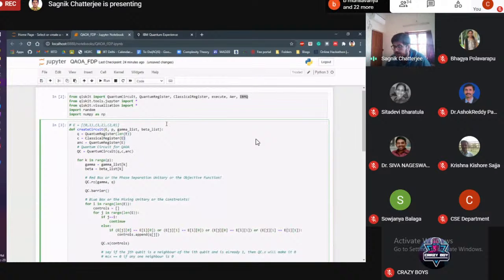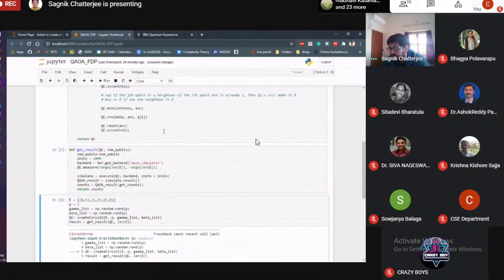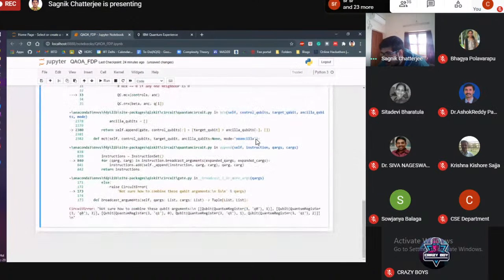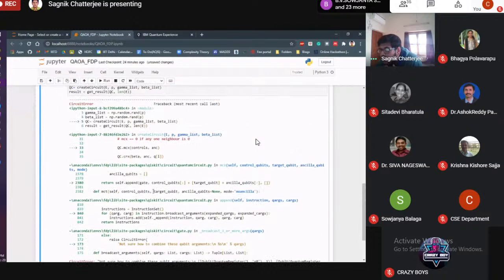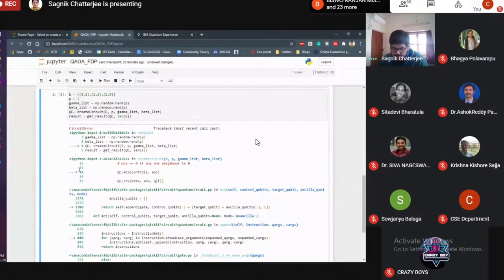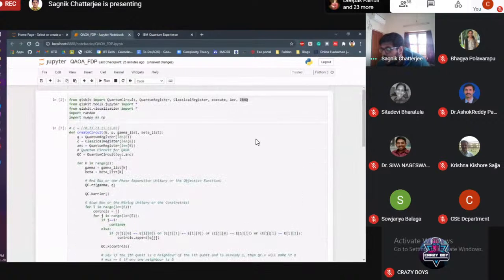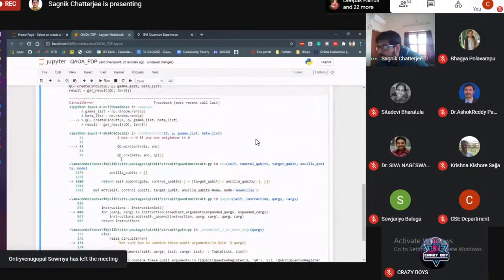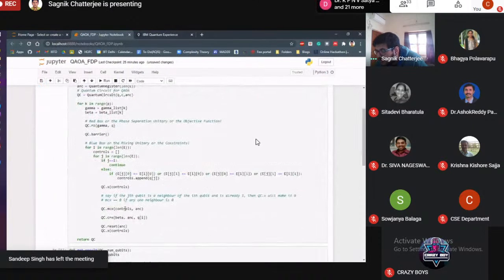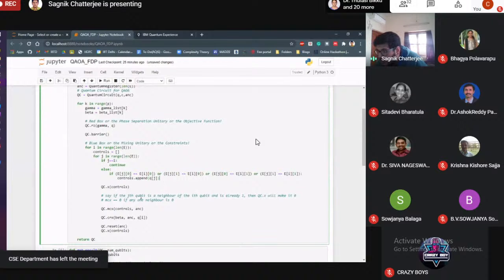So what I did was that I passed the entire thing into combine these qubit arguments, controls MCX, and I'm appending C dot control.